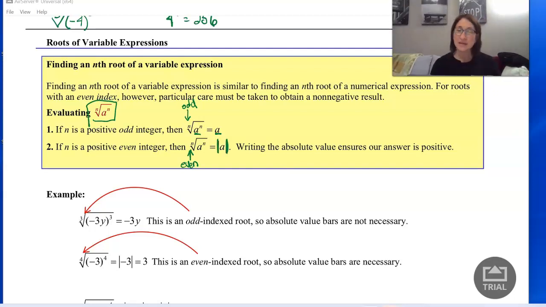Because remember, for evens, when you put this in exponential form underneath that radical, you could have two negative numbers that could be multiplied together to get that product, or you could have two positive numbers. So we don't know whether we're talking about a negative or a positive, so we use absolute value signs to ensure that our answer is always positive, because that's what we want.